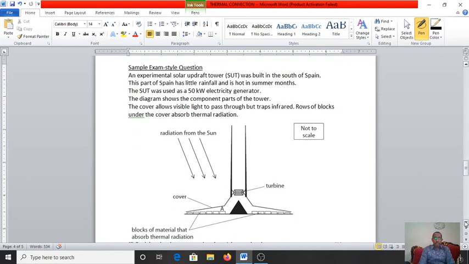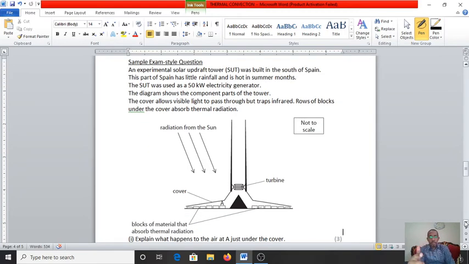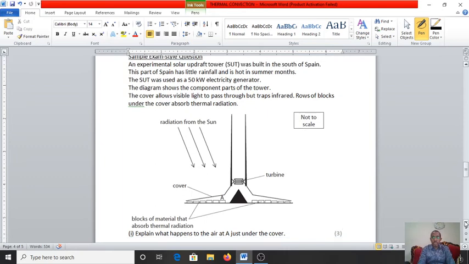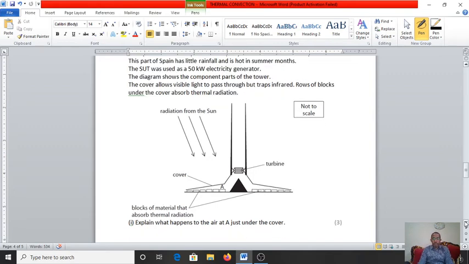You can see we are told that the experimental solar updraft tower was built in the south of Spain, and the SUT, we are told this part of Spain has little rainfall and is hot in summer months. The SUT was used as a 50 kilowatt electricity generator. The diagram shows the components of the tower. This is the tower.